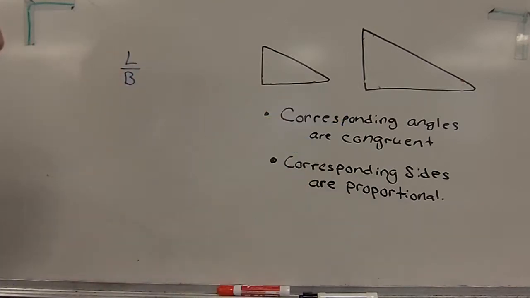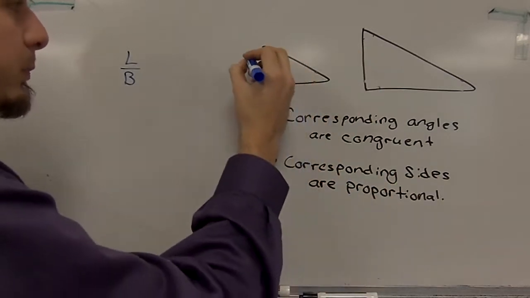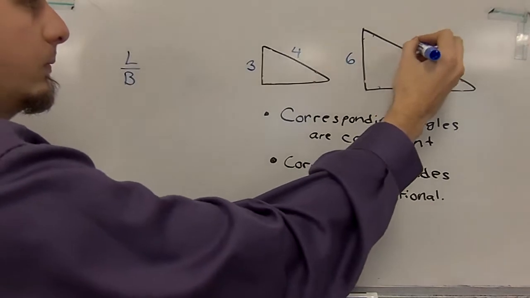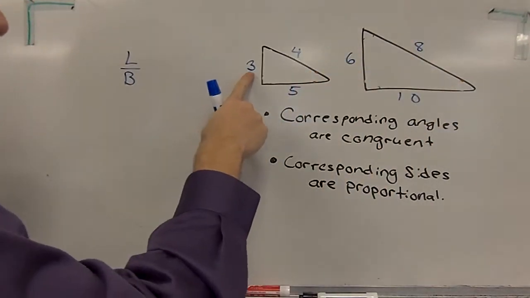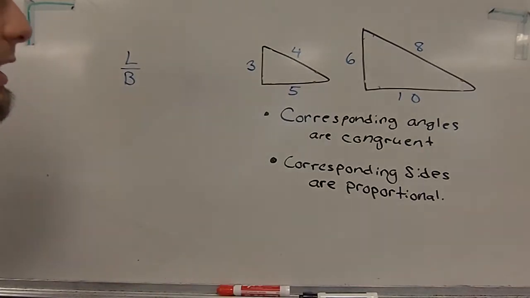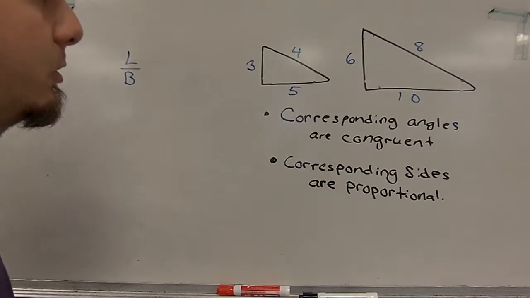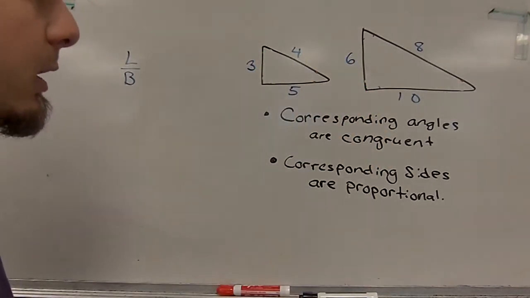Okay, I'm going to do a little to big ratio. We'll do a very simple one to start with. If I do little to big with my corresponding sides, so again, corresponding is the same piece in the same place on two different figures. So the left side of both of these triangles is corresponding.